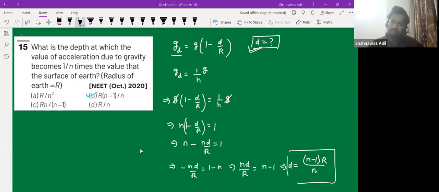Good, because this is the information that they have given. This thing we already know. They have given this information: gravitational acceleration becomes 1 by n times the surface value.